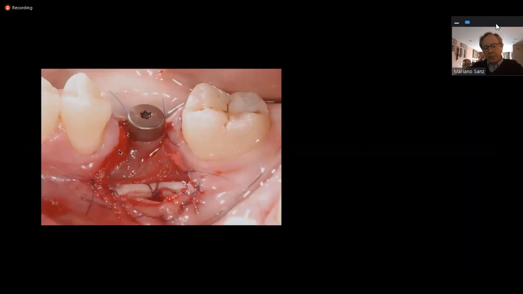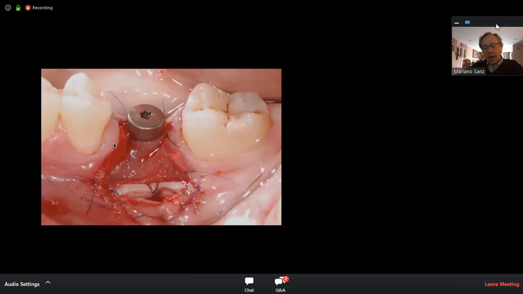So in the second stage, when we wanted to augment that keratinized tissue, we did our apically positioned flap, but we placed a very small strip of the free gingival graft, basically to block the tissue ingrowing from the alveolar mucosa and to allow all the tissue coming from the sides.